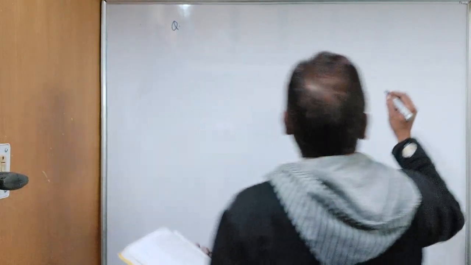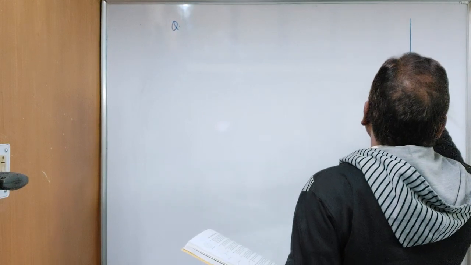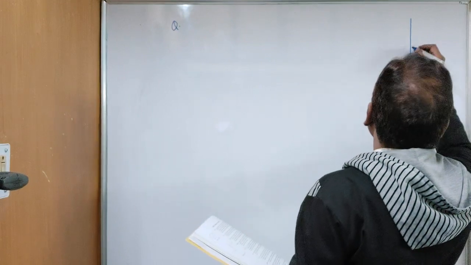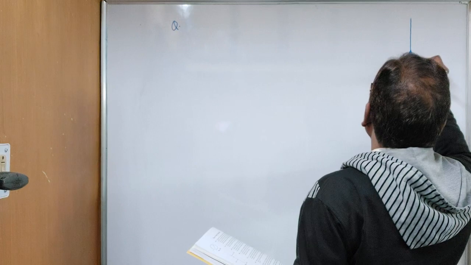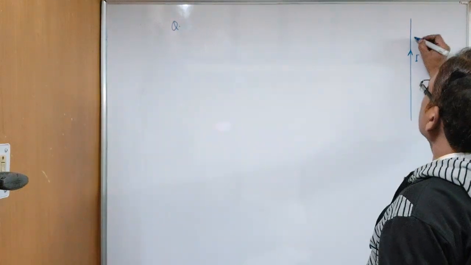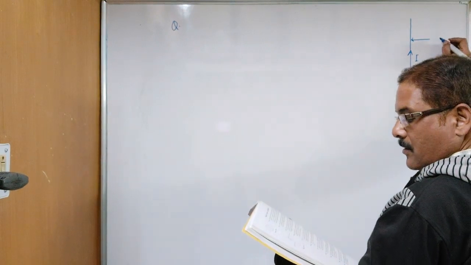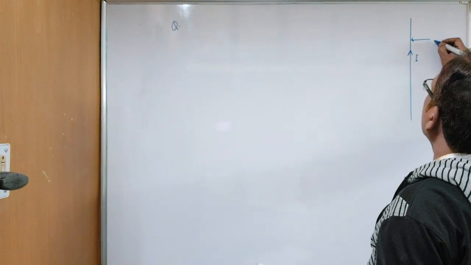For this question you have to draw a diagram. Suppose there is a conductor through which I current is flowing.